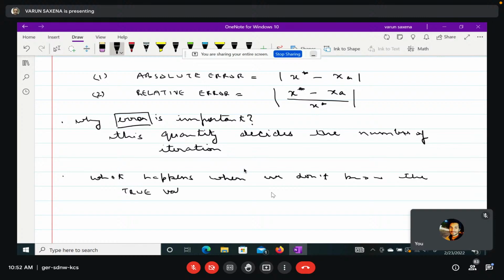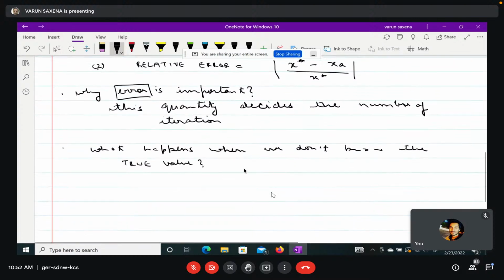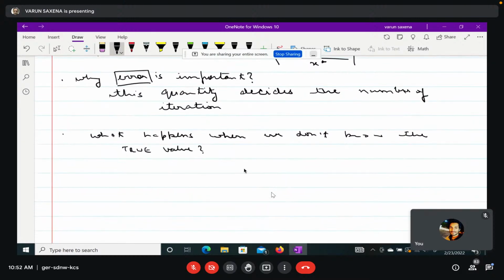The answer was given rightly, that we try to find the error using x old and x new. But why do we do that? The reason is the goal. I should not write ultimate goal because the ultimate goal is to find the right answer. Let me just write the goal of any numerical method.